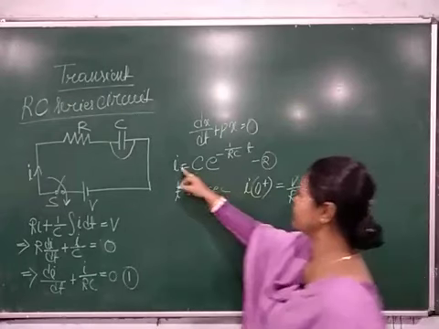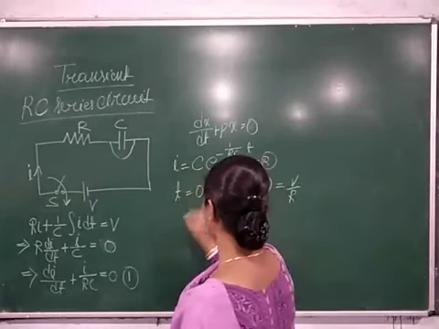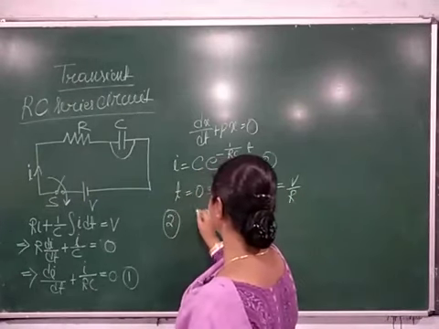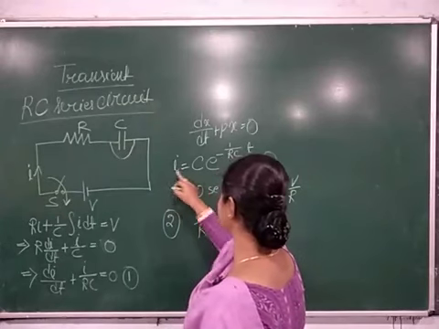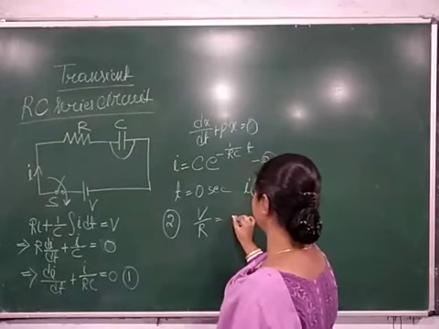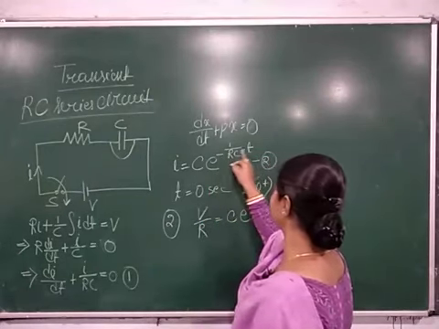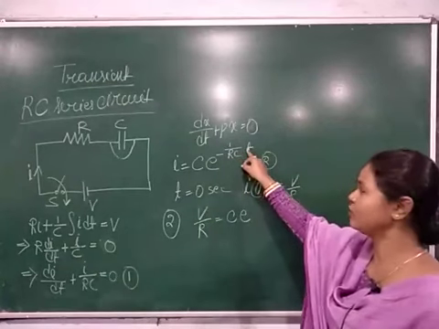I put this value in equation 2. From equation 2 you get, just after switching, the current is V by R equal to C e to the power 0, since I put t equal to 0 second.